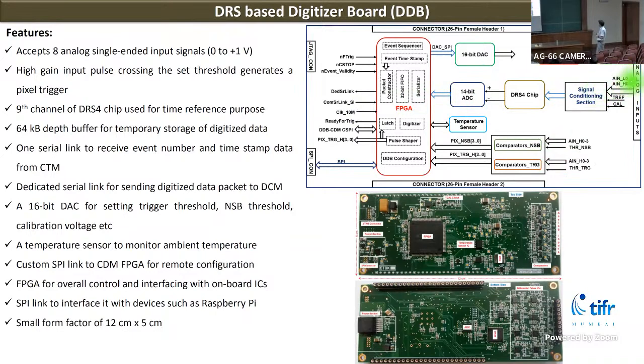There are 8 analog signals and a signal conditioning section, the DRS4 chip, ADC, and one FPGA where all this data will be digitized, and some temporary storage is provided so that we can record some events consecutively. An event timestamp is also added to the data. This is the photograph of the developed board. It is a 12 centimeter by 5 centimeter board, and some interface pins are provided so that we can connect these multiple boards on a single board.